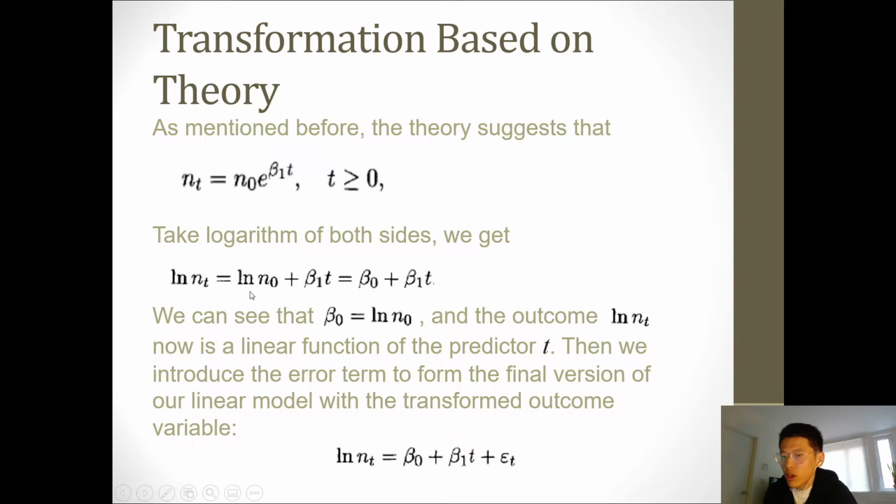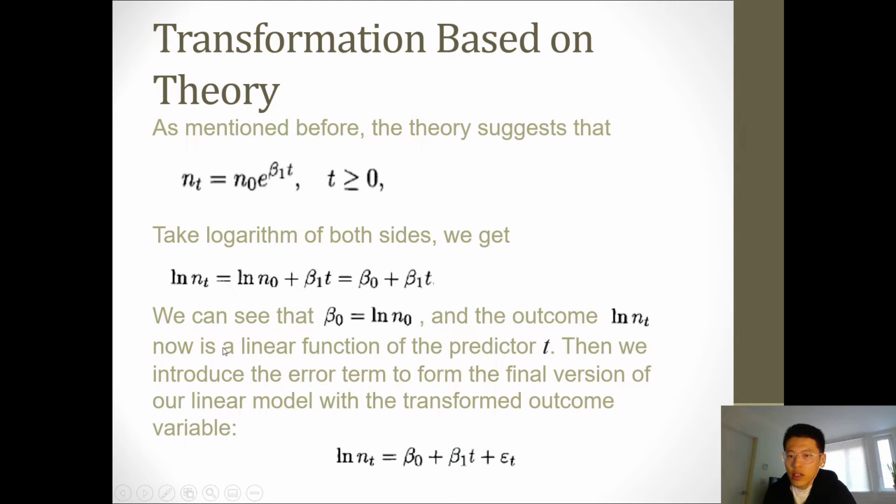So this becomes the log of the n0, and we have the beta 1 here, times our predictor. You can see here this becomes an additive model. This is our intercept, and this is our slope, right? So our beta 0, which is our intercept, becomes the log of the n0, and the outcome becomes the log of the nt.